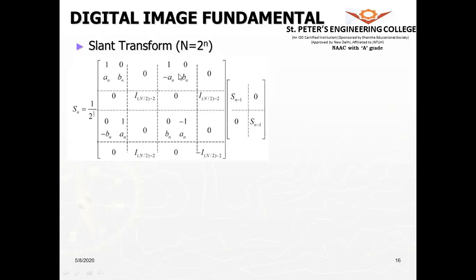Therefore we can have more elements by adding. So this slant transform here represents the generic form. Using this we can build up the different matrix sizes.